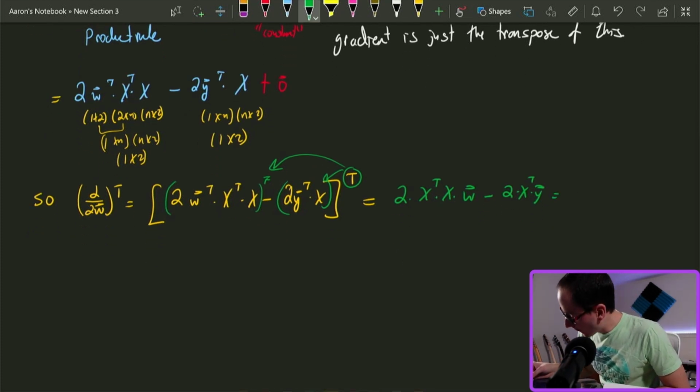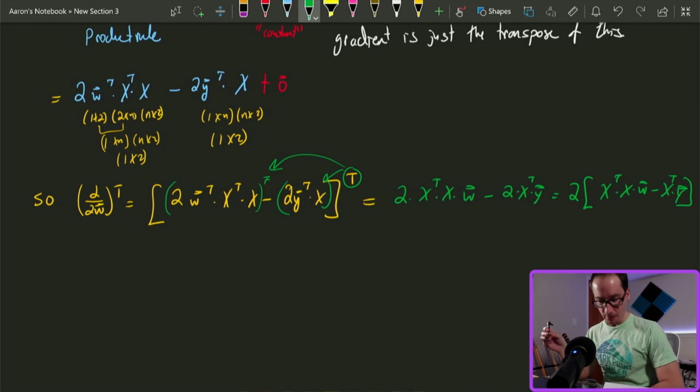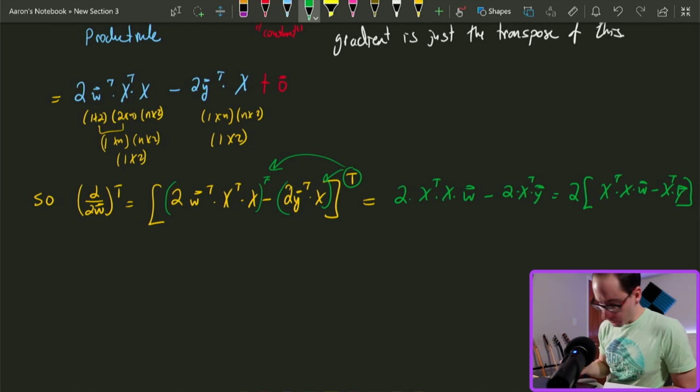And so then we have 2 times X transpose dot X dot W minus X transpose dot Y, right there on the right hand side. Does that look right to me? Yes. X transpose dot X dot W minus, yeah, that looks good. So that's what we have there.